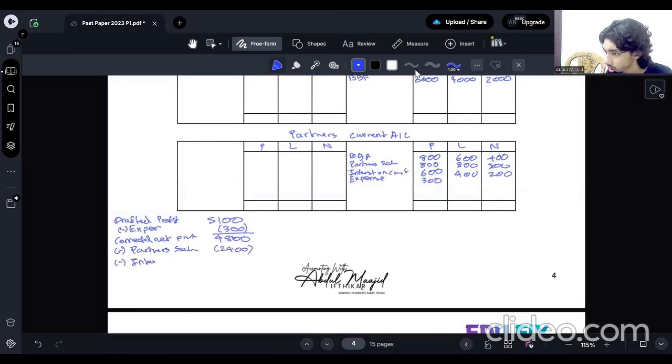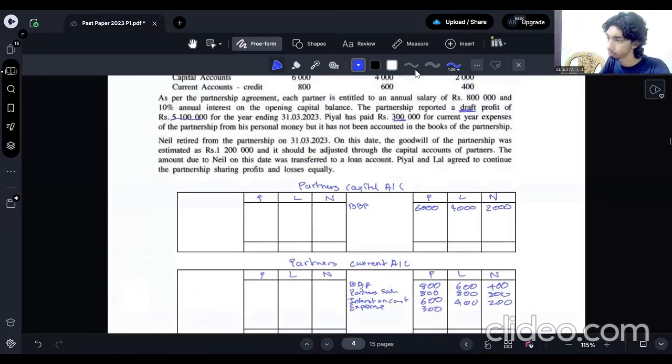Then interest on capital, 600 plus 400 plus 200, 1,200. Then if you deduct these two from your profit, you can get your distributable profit. Distributable profit will be 1,200.